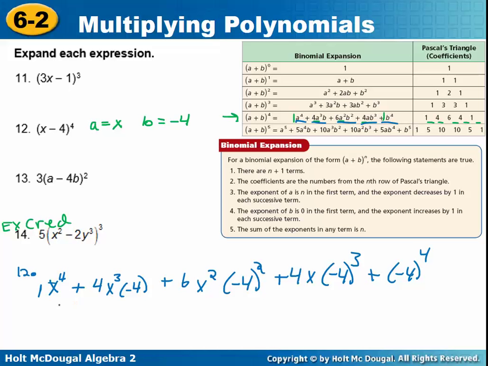Now we simplify each of these terms. 1x to the 4th is simplified already. Next term is 4, multiply your numbers together, your coefficients. We have 4 times negative 4. So that's the same as minus 16x cubed. Then we have 6 times negative, oh, no, I don't. I can't do the 6 times 4. I have to first do the exponent.